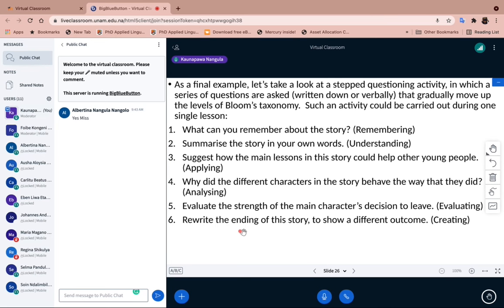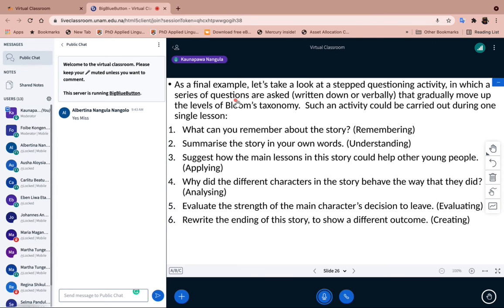Here we've got an example of an activity of different questions that you can ask the learners within one lesson, tapping in all the different cognitive processes.